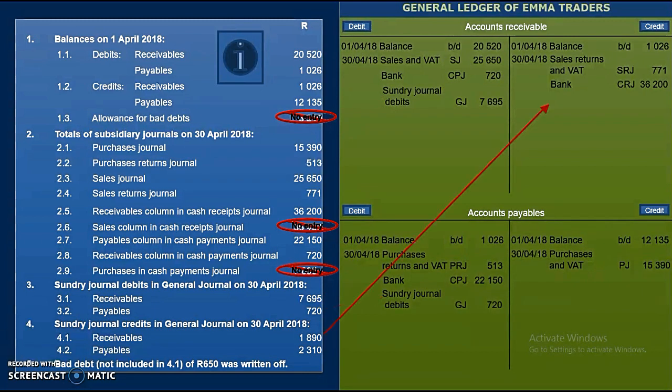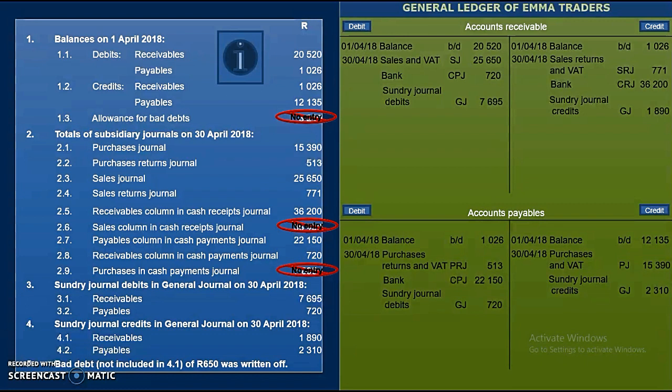Receivables must be credited by 1,890 and payables credited by 2,310.